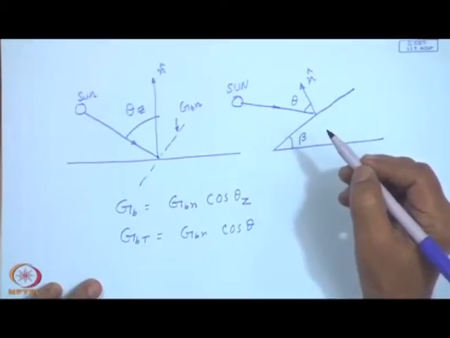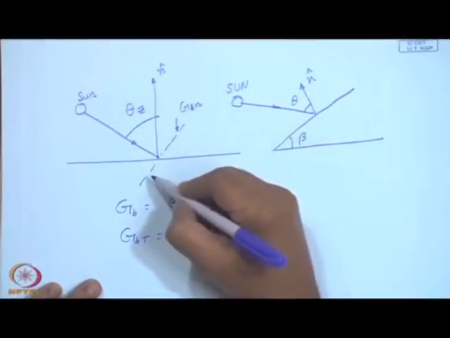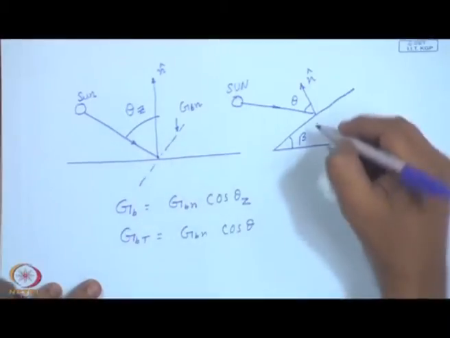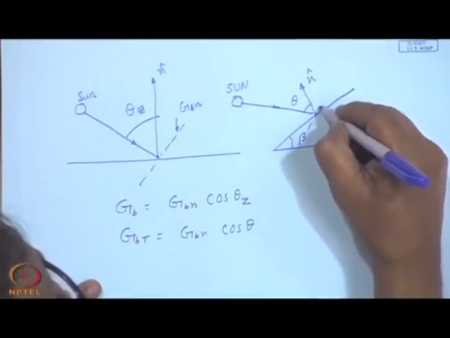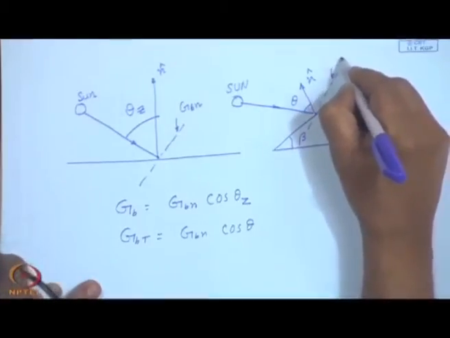G O n was the corresponding extraterrestrial value. Now, I will call it G b n, the terrestrial value of the direct radiation normal to the sun's ray. That also will be G b n.